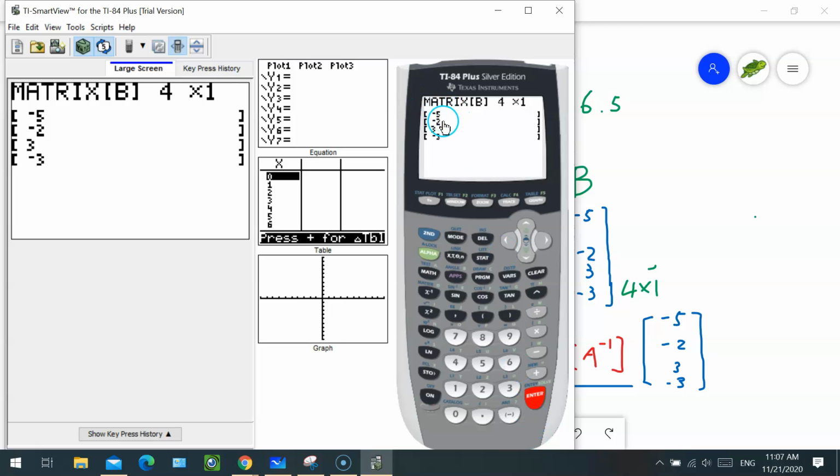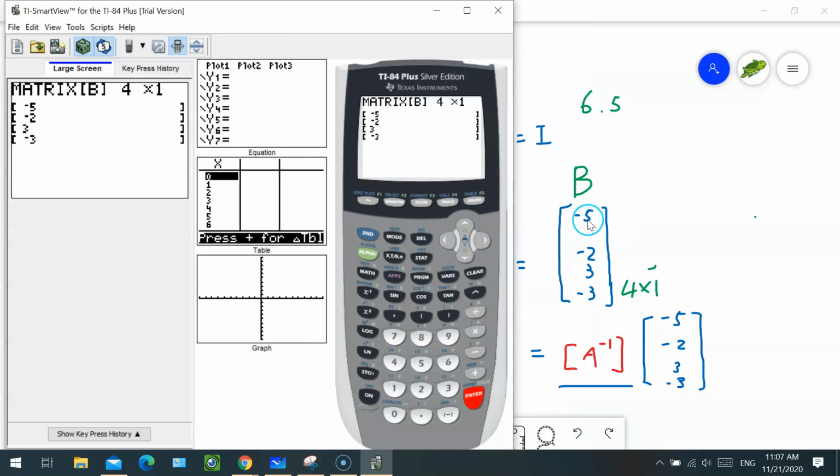And I input the numbers on the right-hand side here. -5, -2, 3, and -2. 3 and -3. And then you click on second quit. It will bring you back to the front page.